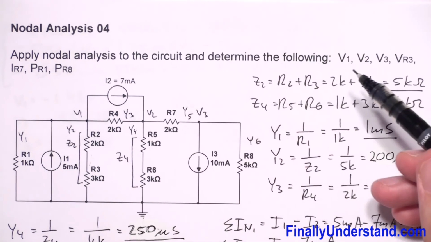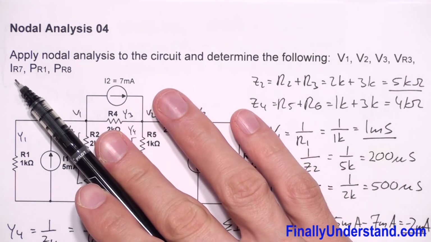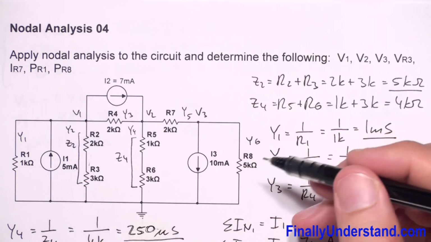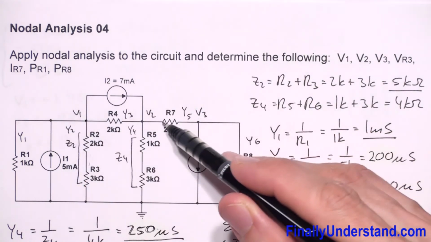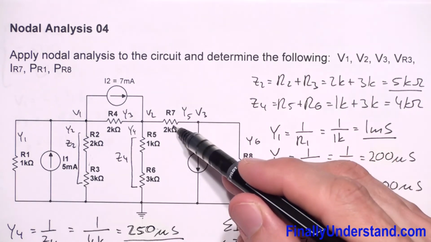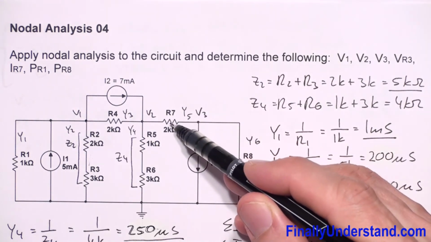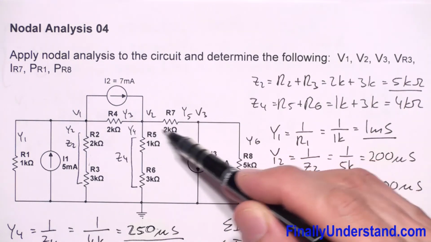Okay, next I'm supposed to find the current which goes through resistor R7. So this is the current which will go through this resistor. If you want to find the current, you're supposed to find the voltage across this resistor. The voltage across this resistor is the difference of these two voltages.